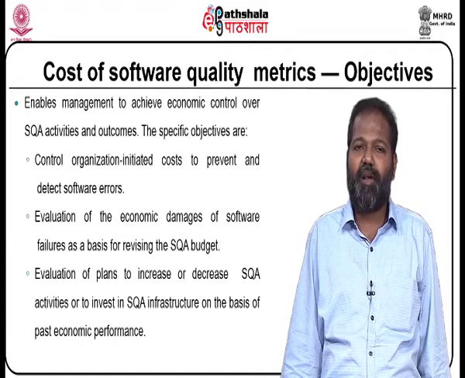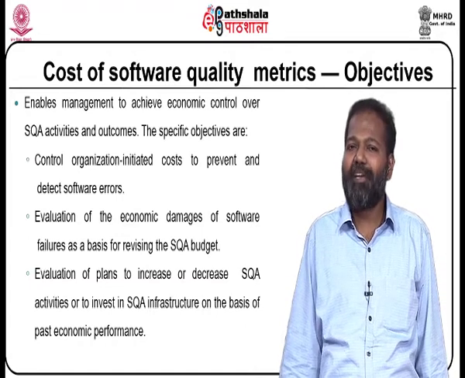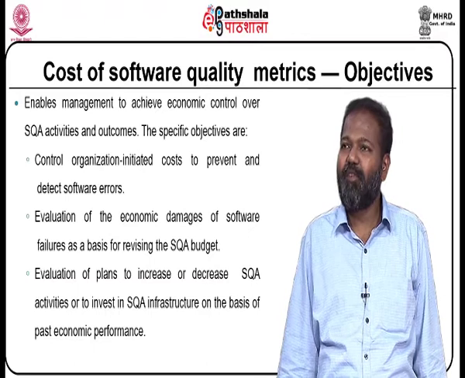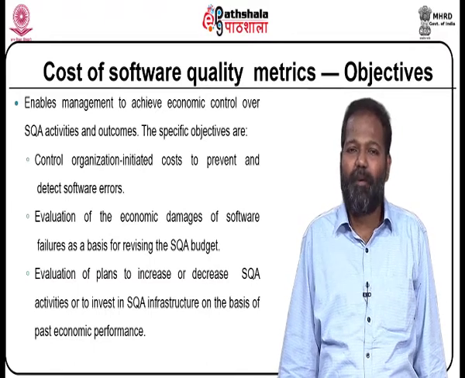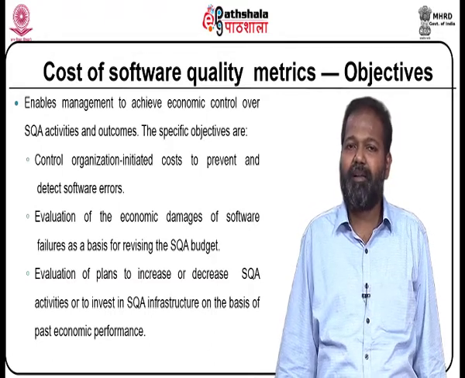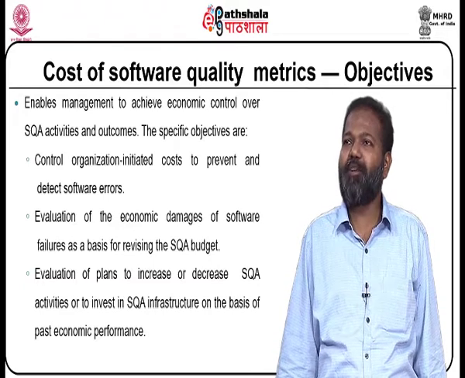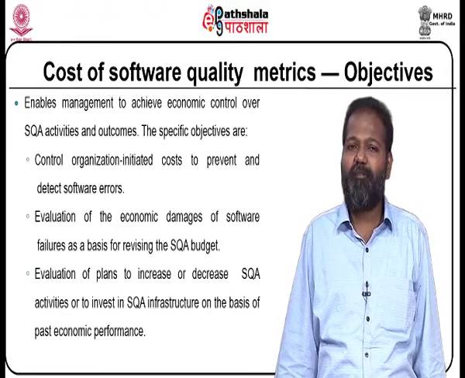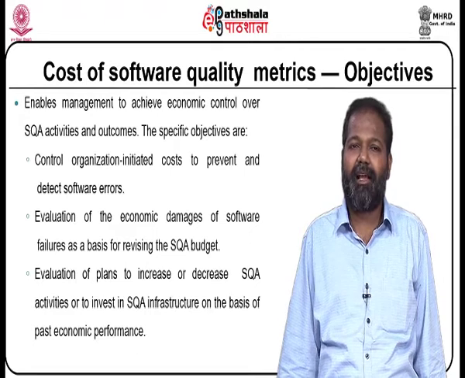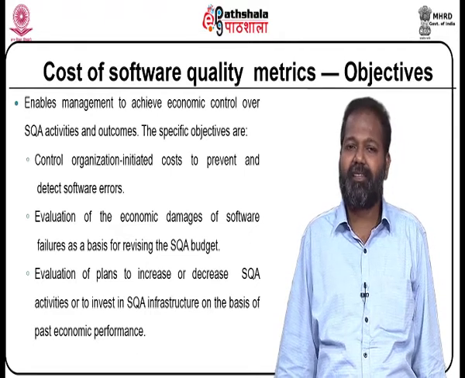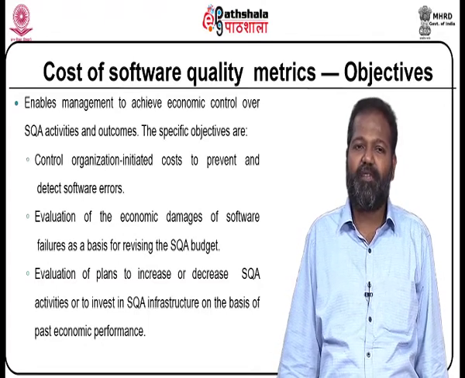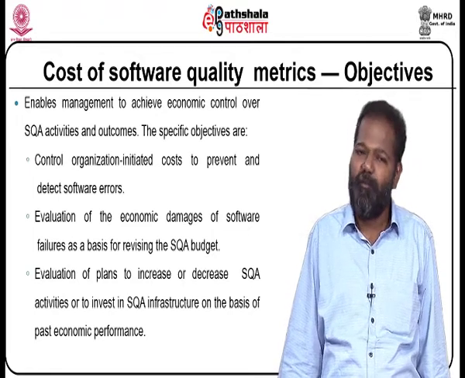The major objectives are control of organization initiated costs to prevent and detect software errors, evaluation of the economic damages of software failures as a basis for revising the software quality assurance budget, and evaluation of plans to increase or decrease software quality assurance activities or to invest in software quality assurance infrastructure on the basis of past economic performance.